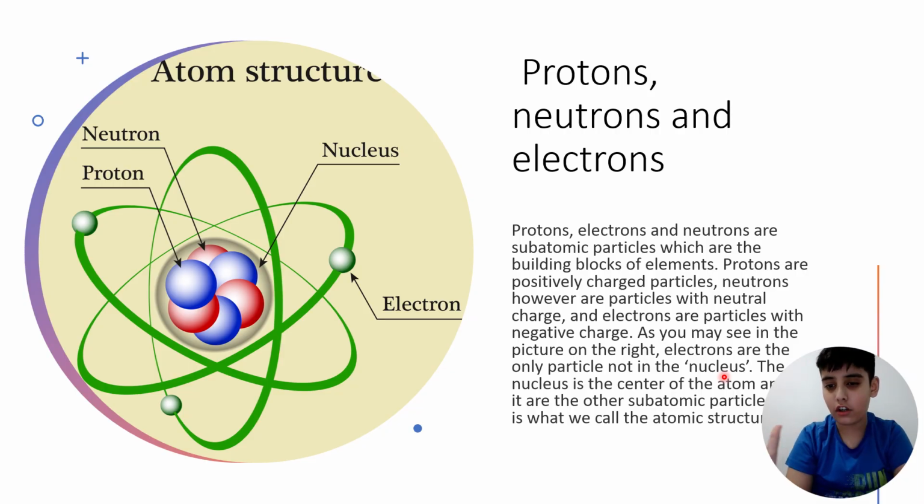This is actually an A-level question, but what actually happens is there's something called the gluon force which attaches them together. That's why they don't repel each other. So all these protons, neutrons, and electrons are called subatomic particles, and we already figured out how to work them out.